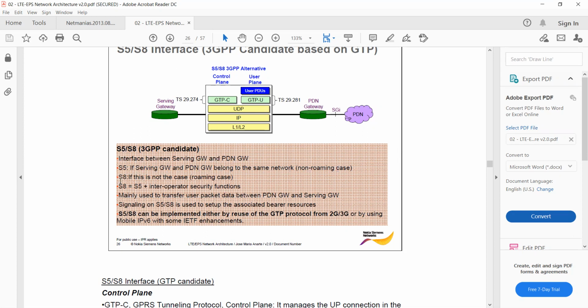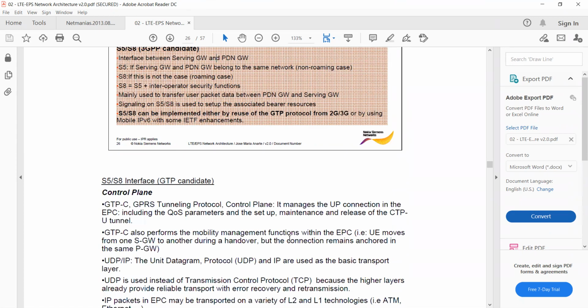And S8 is used in the roaming case. So it uses the S8 interface in case of a roaming scenario. Okay, fine. That's it about the S5/S8 interface.